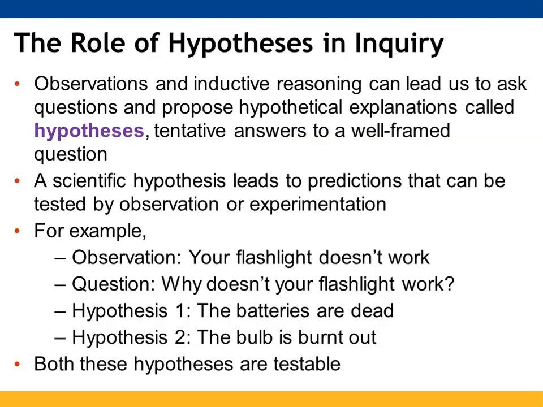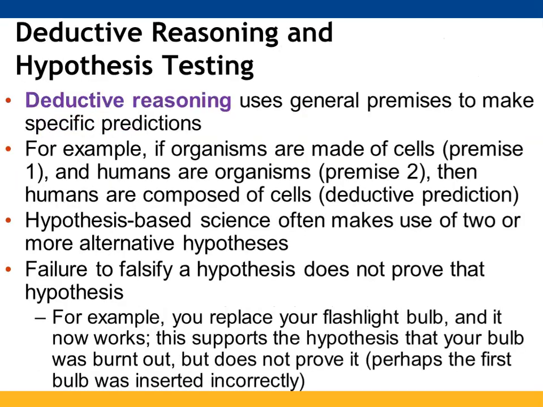And there's an example with your flashlight. Okay, your flashlight doesn't work. Why doesn't it work? Here are a couple hypotheses, and then we can test those hypotheses out. When we're testing hypotheses, we're using deductive reasoning. So we've decided on a question, and we've put together a plan to test what we feel is going on based on our hypothesis.